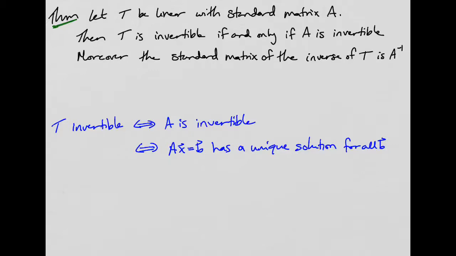Now comes the point where you have to think back about one-to-one and onto, because this having at least one solution is what it meant for T to be onto, and this having at most one solution was what it meant for T to be one-to-one. So in this case, we have exactly one solution. So that means it's both one-to-one and onto.